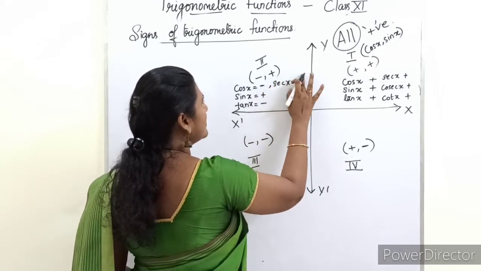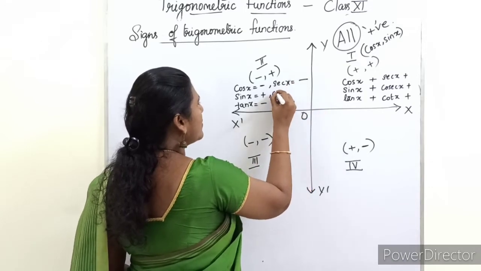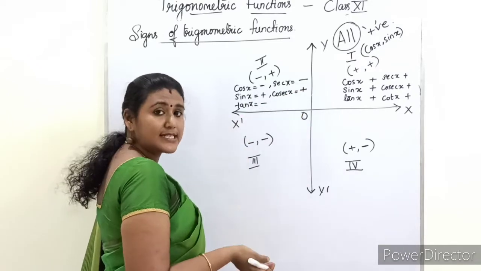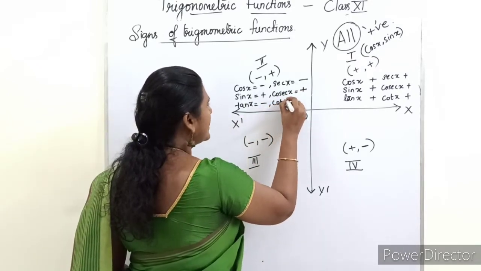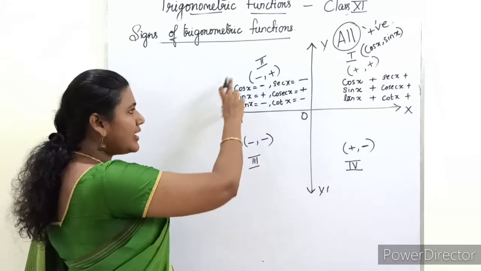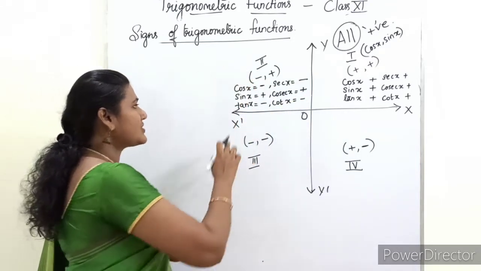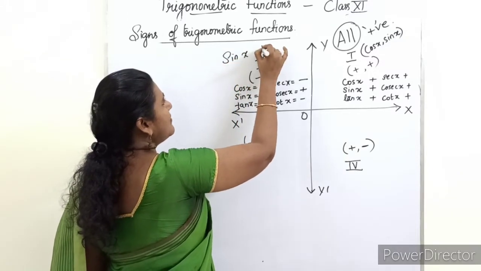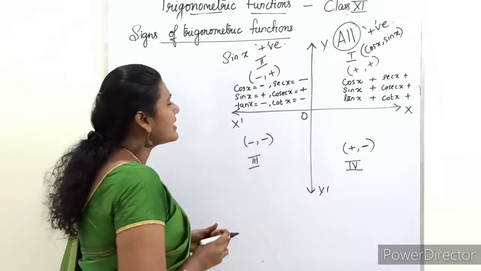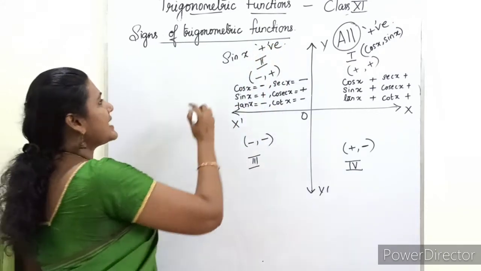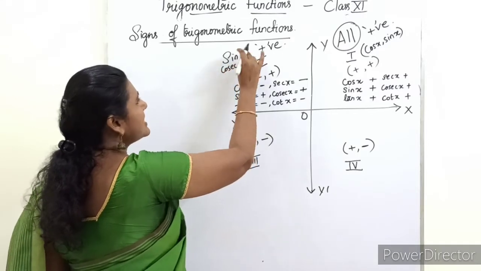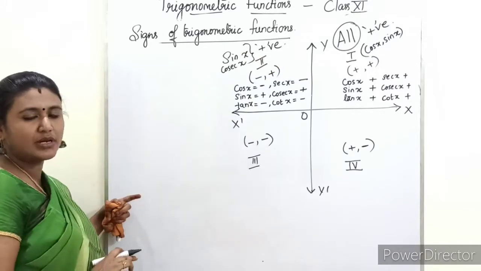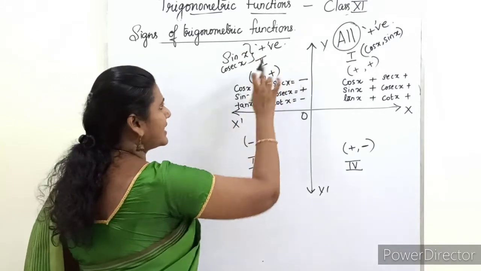Sec x will be negative, and cosec x will be positive, because cosec is the reciprocal of sine, and cot x is negative. So in the second quadrant, sine and its reciprocal, cosec x, will be positive. So only these two are positive. All the remaining four trigonometric functions are negative in the second quadrant.